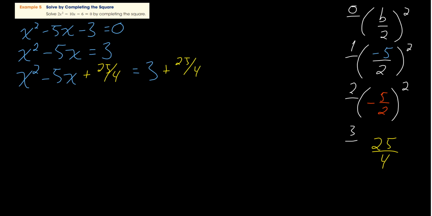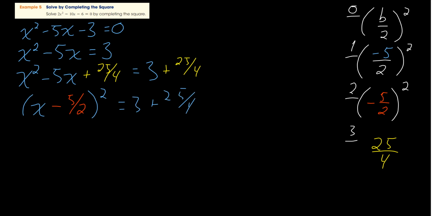Now, realistically, there's nothing wrong with it. I don't even have to write this step. At least if I did, I would write x minus 5 halves quantity squared, is equal to 3 plus 25 over 4.